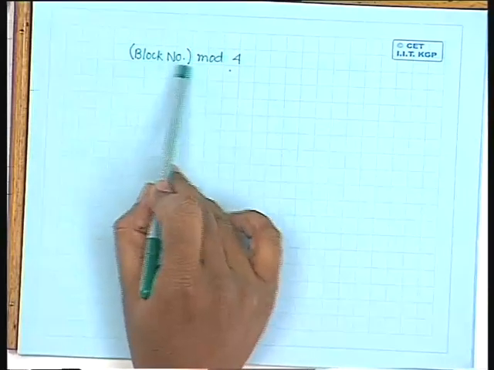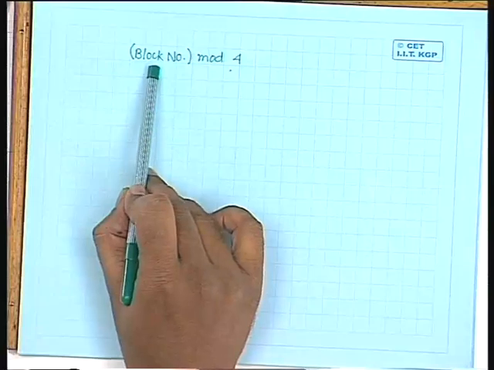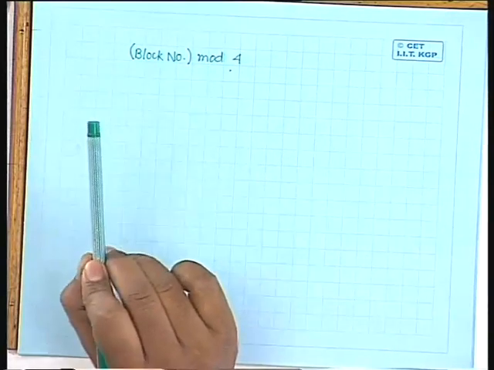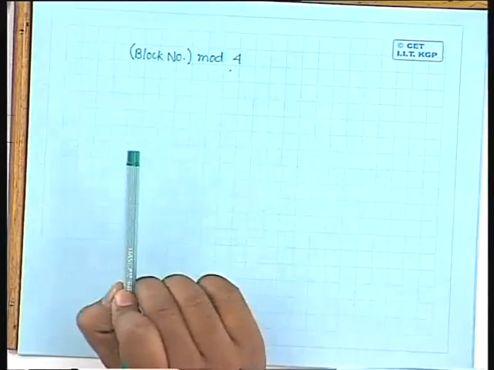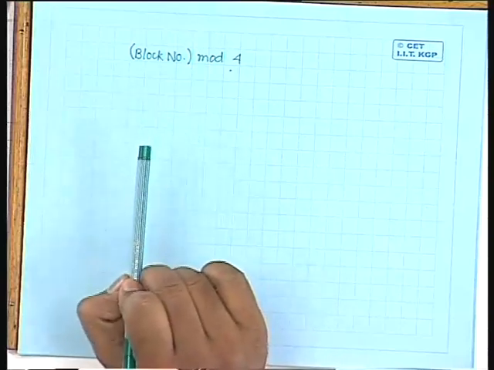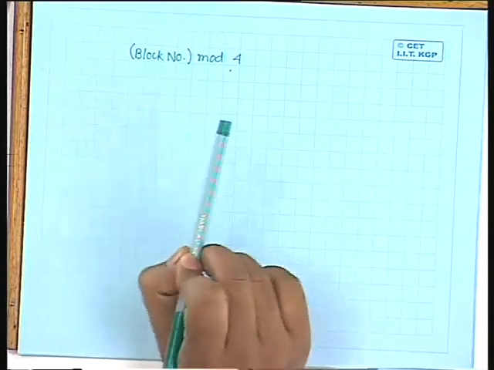The simplest such hash function is a mod function. Suppose a process makes a request for block number 5. Then the hash function performed is 5 mod 4, which gives an output of 1. So if there is any buffer containing block number 5, that buffer must exist in hash queue 1.